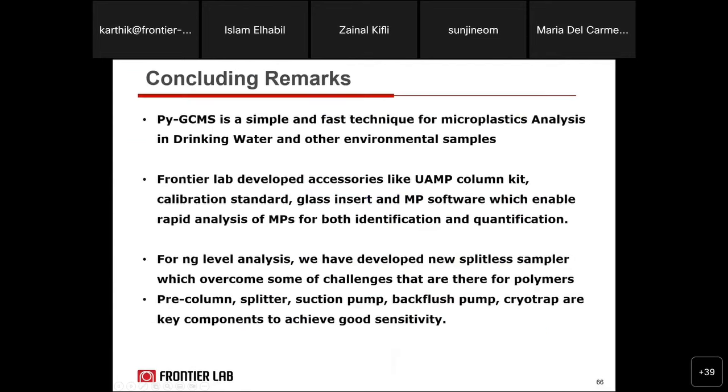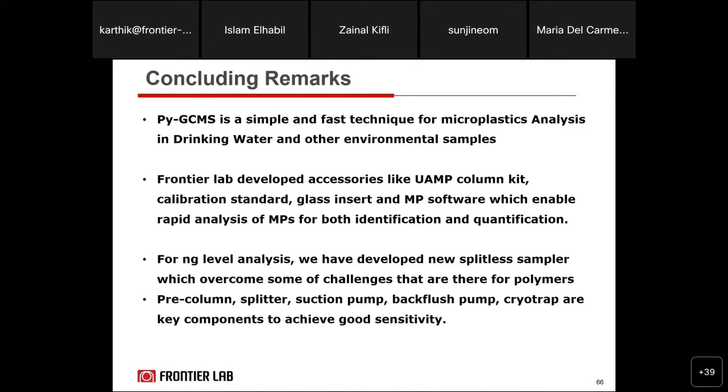With that, I would like to wrap up this presentation. Pyrolysis GCMS is a simple and fast technique for microplastic analysis in drinking water and other environmental samples. Frontier Lab has developed accessories like the UA-MP column kit, calibration standard, glass insert, and MP software, which enable rapid analysis of MP for both identification and quantification.